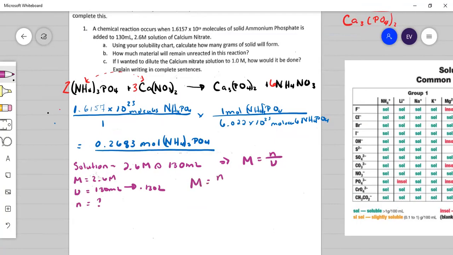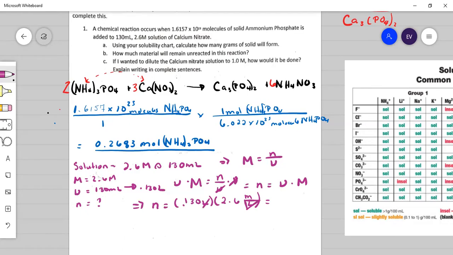Molarity is equal to moles over liters. If I want to solve for moles, I'm going to multiply both sides by the volume. This cancels here. So moles is equal to the volume times the molarity. Once I have my algebraic manipulation done, all I have to do is plug everything in. My volume is 0.130 liters, and my molarity is 2.6. The expanded unit for molarity is moles over liters, so these two multiply and liters cancel.